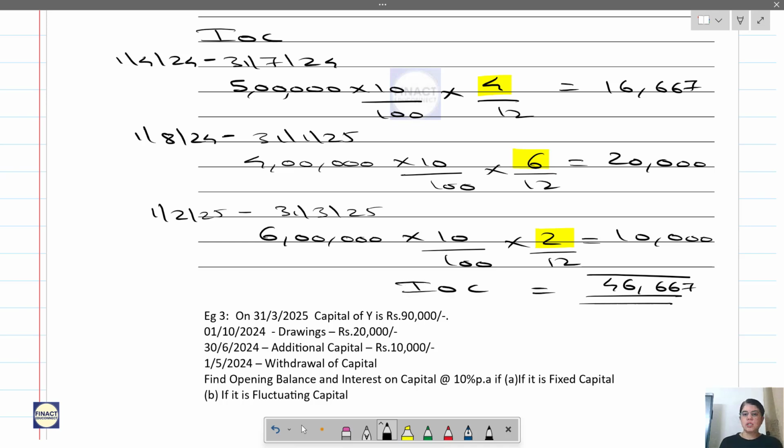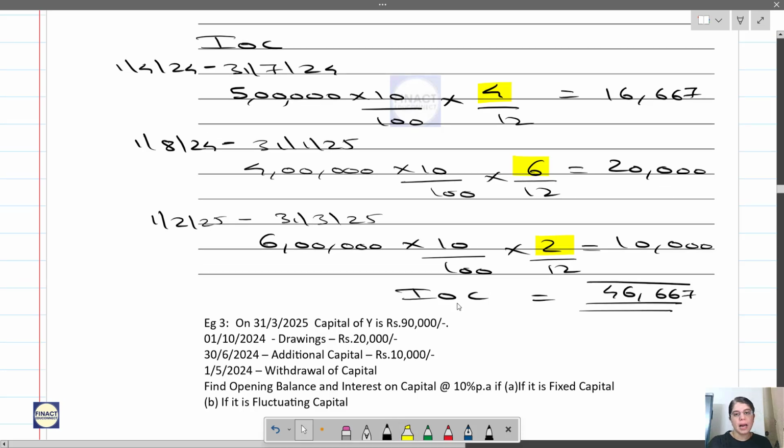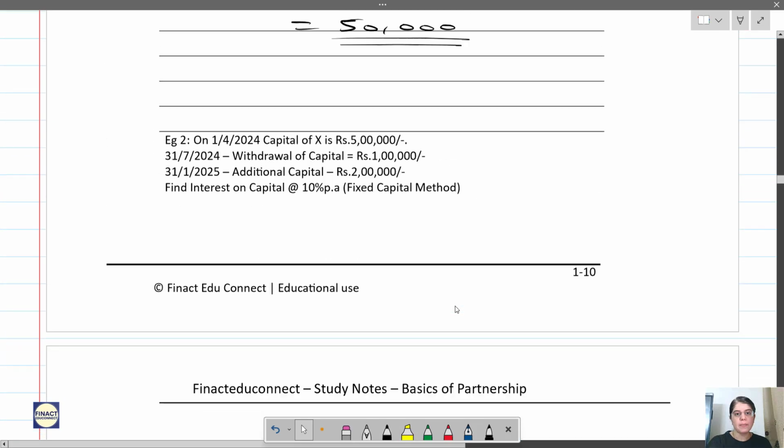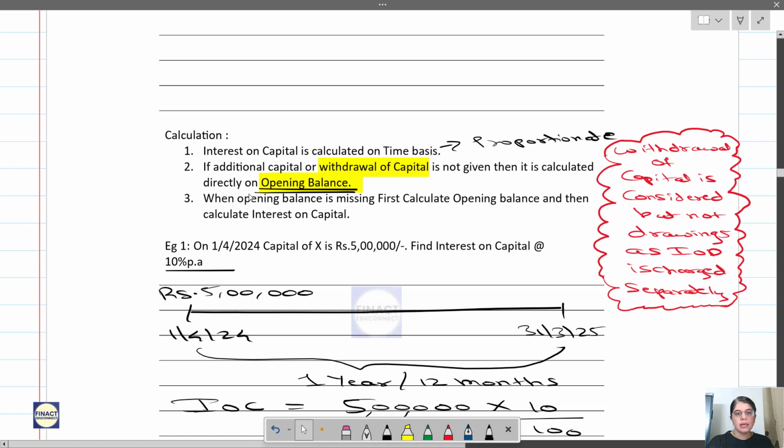So that is what is said in point number 2, that interest on capital is calculated on a time basis. Point number 2 is, if additional capital or withdrawal of capital is not given, then on the opening balance. That we did in example 1 here. Additional capital and withdrawal of capital was not given. But when it is given, we have to calculate it on a time basis.